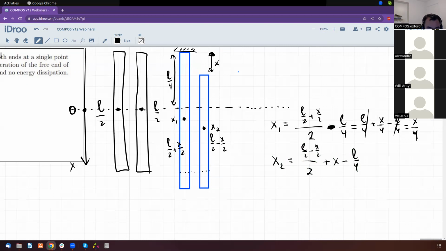Because it's moved, we're counting from here plus X and then subtracting L over 4. So it's going to be L over 4 minus X over 4 plus X minus L over 4, which is 3X over 4.